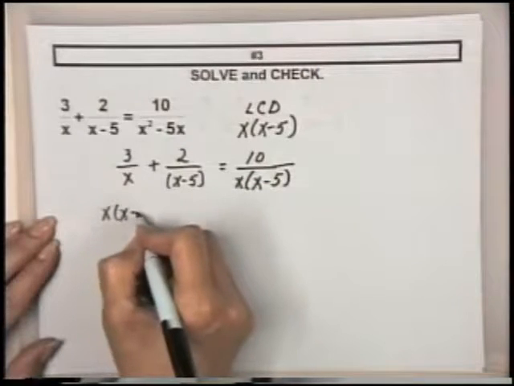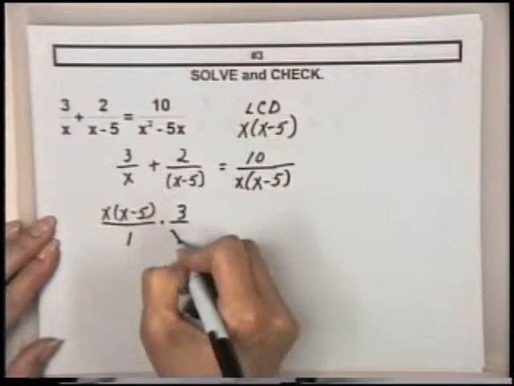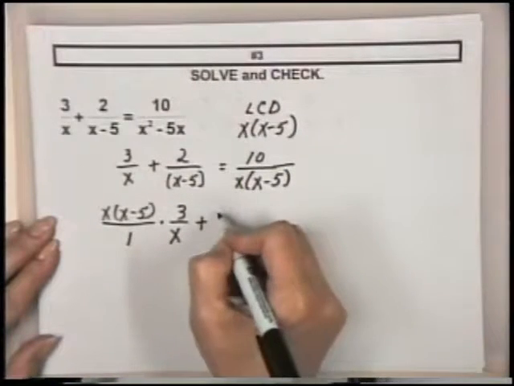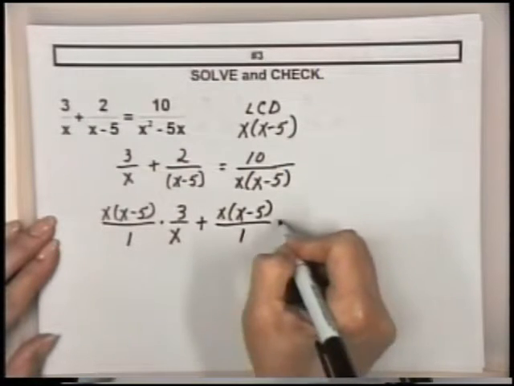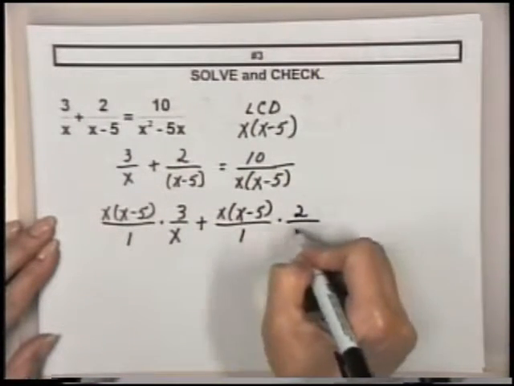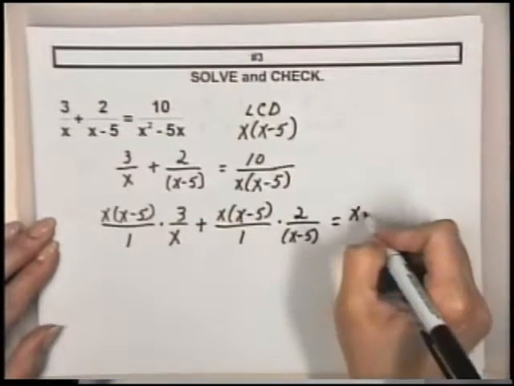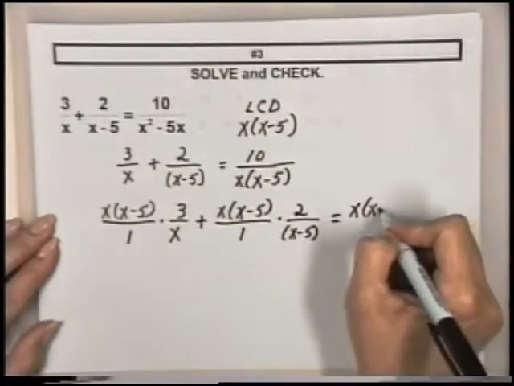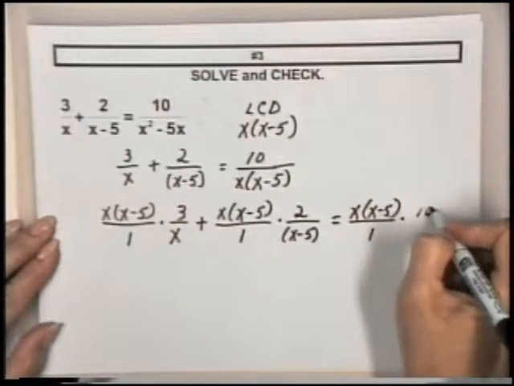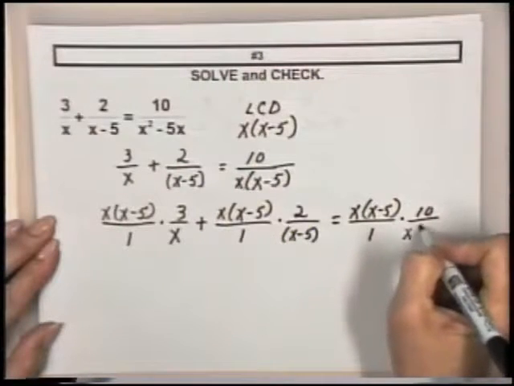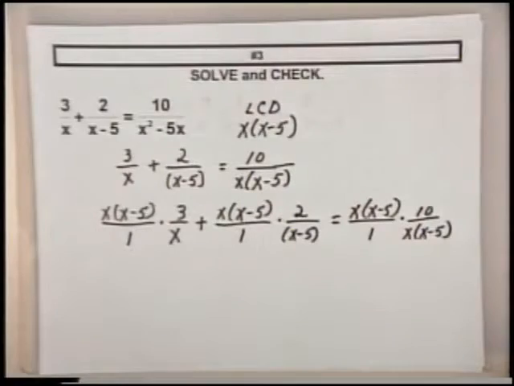We will say x times x minus 5 over 1 times the 3 over x, plus my LCD x times x minus 5 over 1 times my 2 over x minus 5, equals my LCD x times x minus 5 over 1 times my 10 over x times x minus 5.